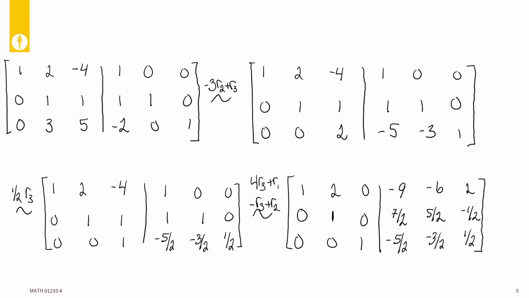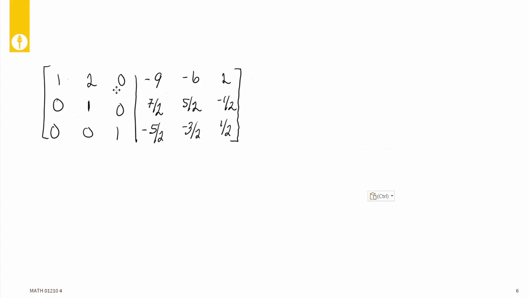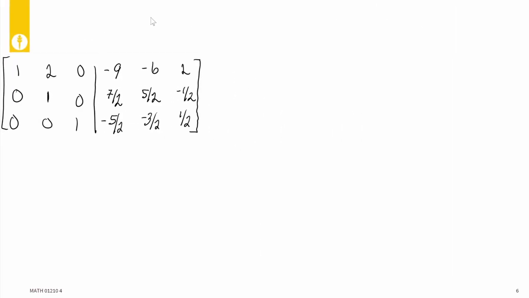Is that where we're at? Now what? -2 row 2 plus row 1.